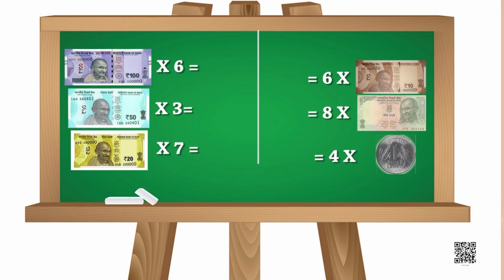So, I multiply 100 into 6, it gives me 600, 50 into 3 gives me 150, 20 into 7 gives me 140, 10 into 6 gives me 60, 5 into 8 gives me 40, 1 into 4 gives me 4.